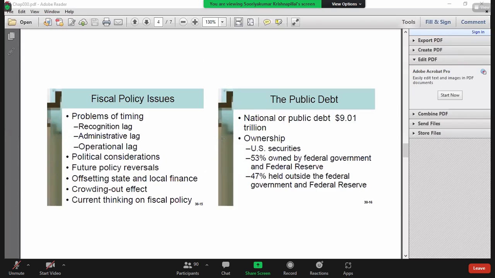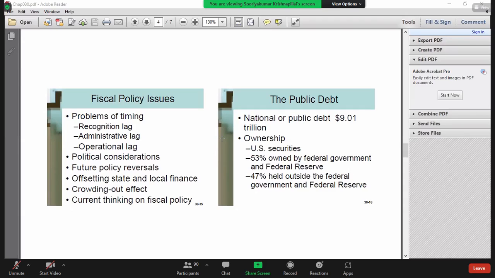Then the government cannot immediately do any fiscal policy. There is an administration process for government expenditure or a tax cut or anything. It takes time for the cabinet to get approval. So that administration takes some time.